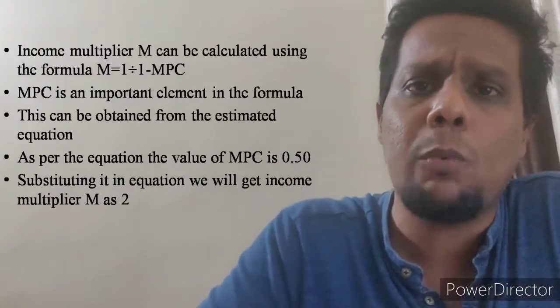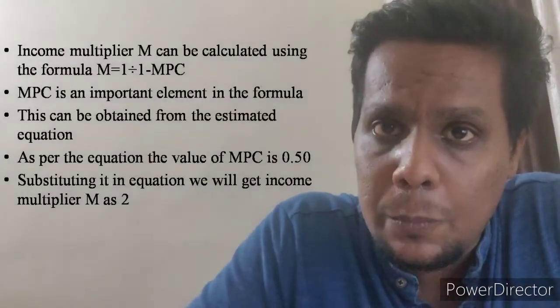The government has decided to reduce the income tax, and as a result the investment expenditure has increased, and the macroeconomic theory provides that the change in income as a result of a per unit change in investment expenditure can be obtained with the help of income multiplier M. To calculate the income multiplier, the formula is 1 by 1 minus MPC.